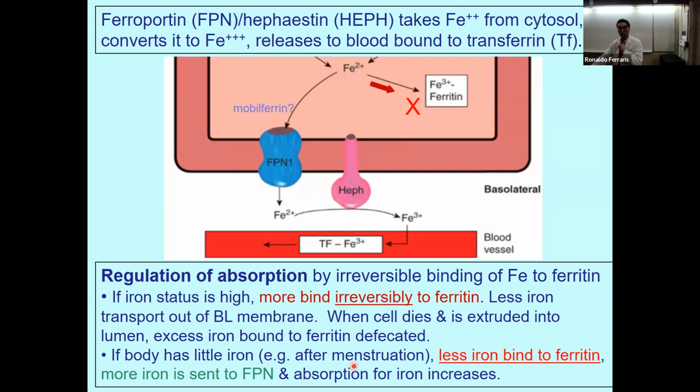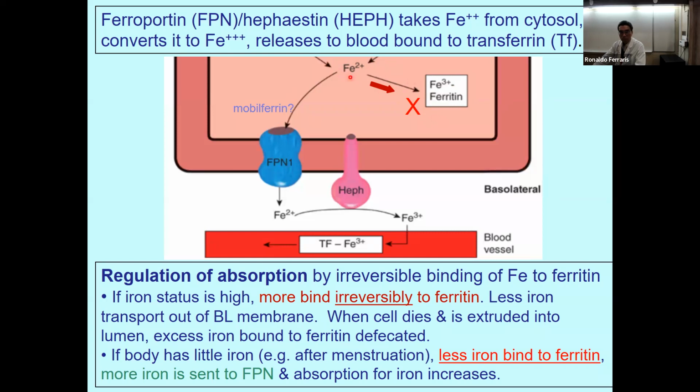Now let's say, for women, a paramount example would be shortly after an unusually heavy menstruation period. Now your body has little iron. Obviously, it will not irreversibly bind the iron through ferritin. It will favor this pathway.